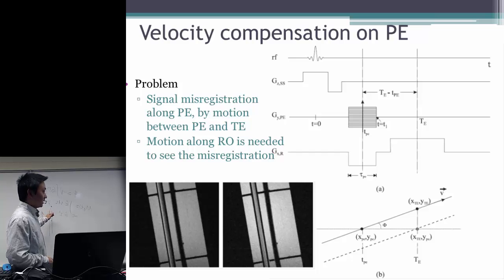Although the signal you're seeing should not appear at that position, you cannot tell, because if it's an infinitely long tube directly along the phase encoding direction, you cannot see it. But if a certain component of the motion is also along the readout, or anything perpendicular to the phase encoding direction, you see this kind of misregistration artifact.